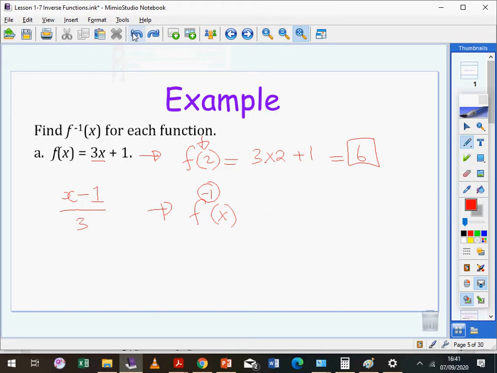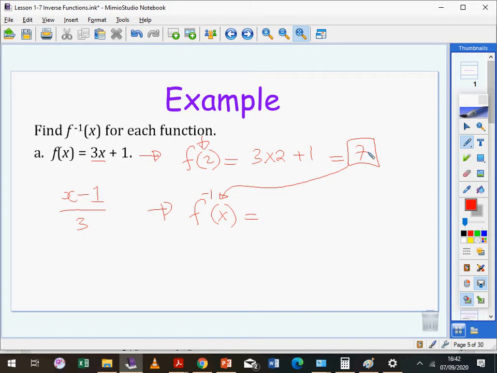So anyways, continuing with this idea, if I'm looking for a function in which I will put this 6 to get back 2, then that function would take... 3 times 2 plus 1 is not 6. My bad. 3 times 2 plus 1 is 7. Yes, 6 plus 1 is 7.